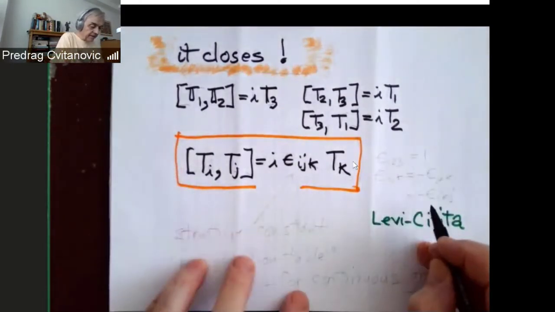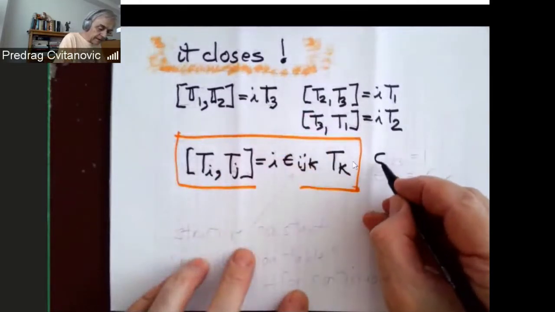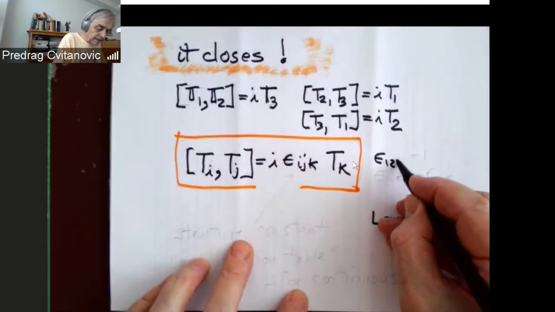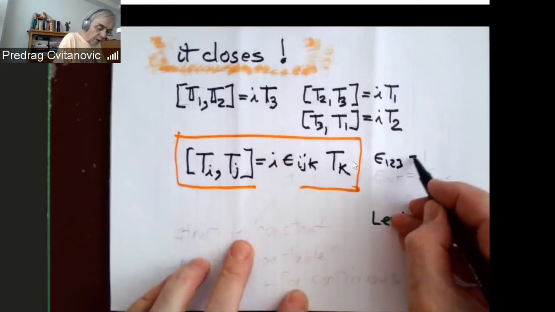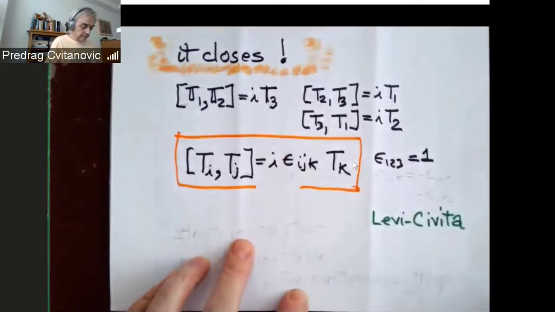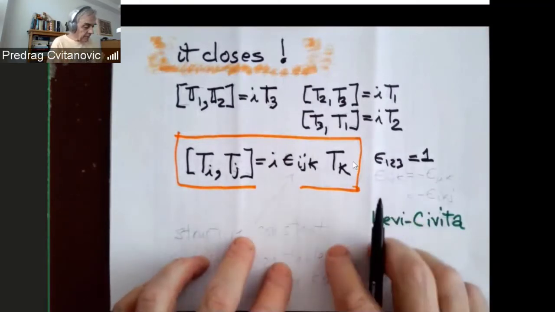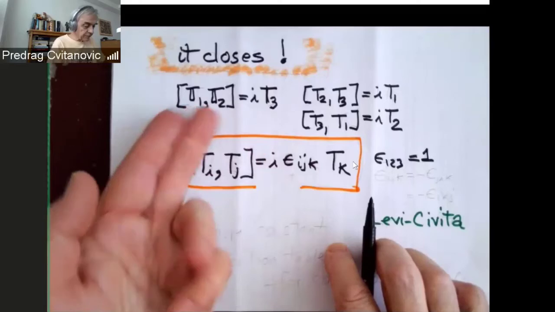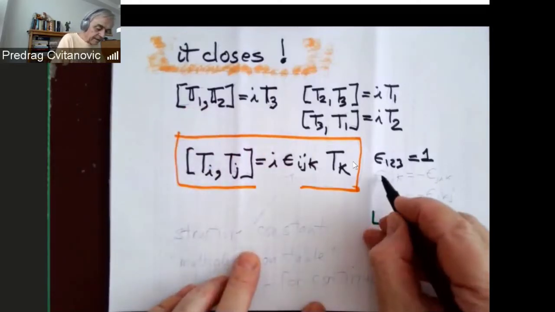And it's defined in the following way, that if I take them in order 1, 2, 3, this thing has to be 1. But for example, if I interchange 1 and 2, they'll get a minus sign because commutator picks up a sign.